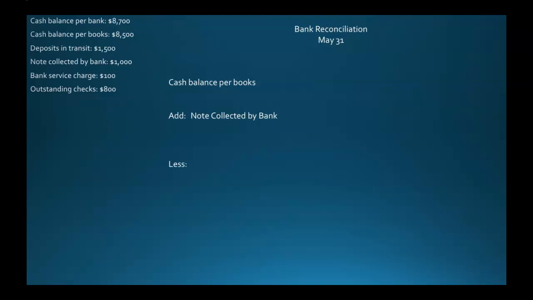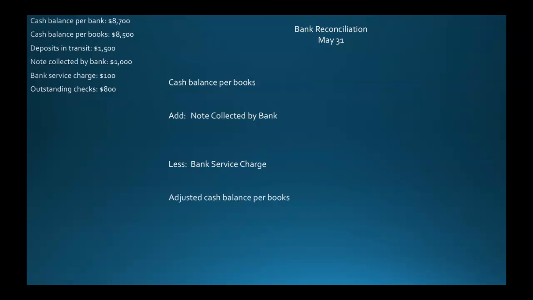Leaving us now with subtracting out this bank service charge. You might have known that there was a service charge for your bank, but you hadn't made that entry, or you hadn't recorded it yet in your books. So we have to subtract that here on our bank reconciliation.